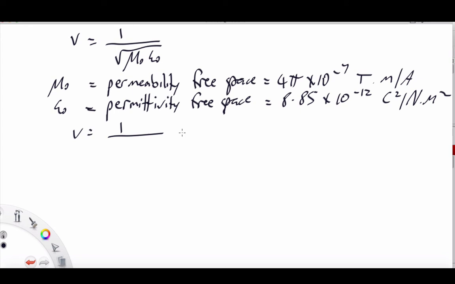So if I plug this in, v equals 1 over the square root of 4π × 10⁻⁷ times 8.85 × 10⁻¹².